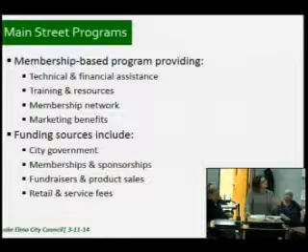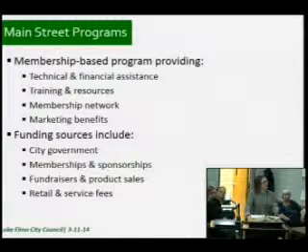There's also an option to be an associate member of this program, where you pay a fee and then you can have access to the training and resources, but you're not an official Main Street city. One thing too to keep in mind with Main Street cities is a lot of what they're based on is historic preservation. So it's dealing with historic downtowns such as our Lake Elmo downtown and revitalizing that.